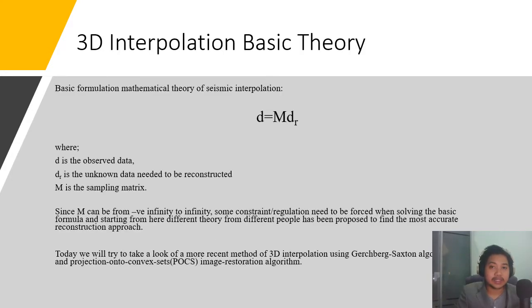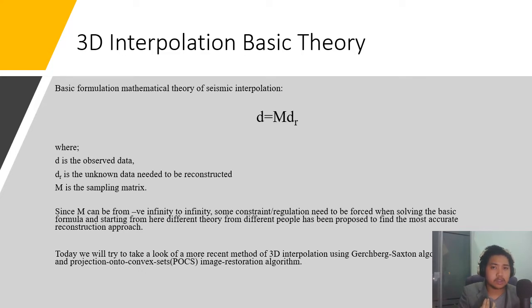Okay, so here is the basic theory of the 3D interpolation. As we can see, this is how interpolation is presented in the mathematical approach. So the basic formula is D equals M DR, where D is the observed data, M is the sampling matrix, and DR is the unknown data that needs to be reconstructed.